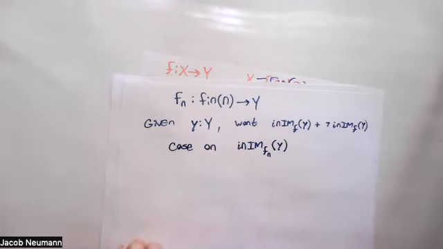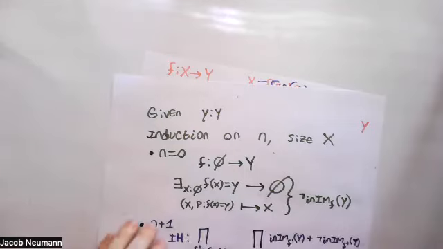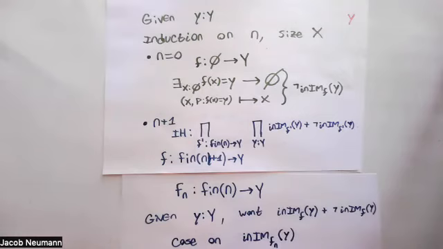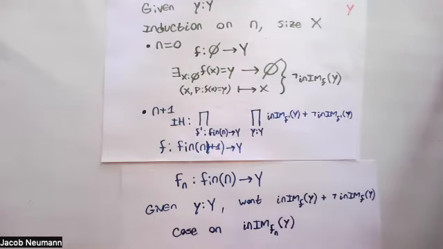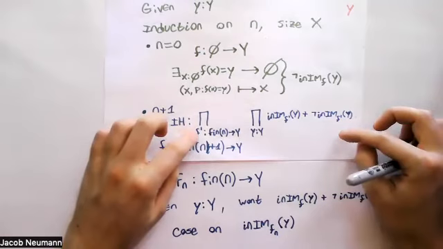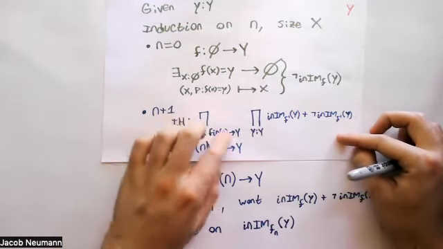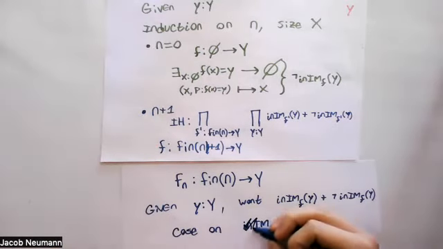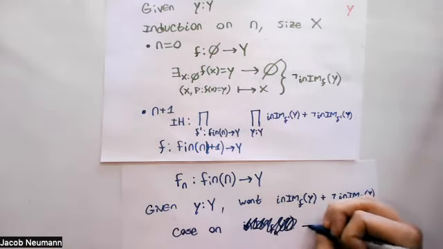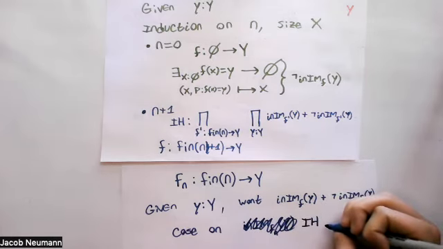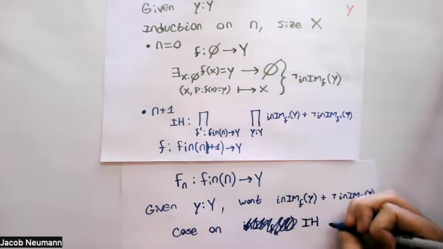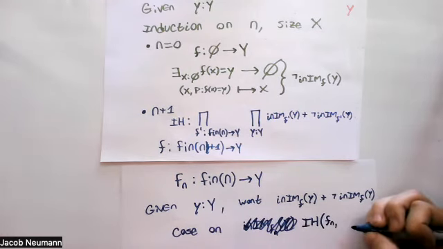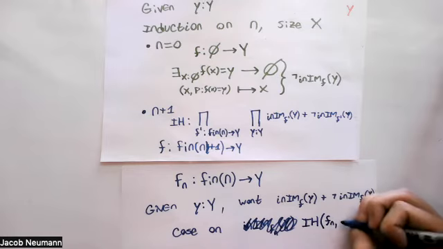Or rather, I'm going to use my inductive hypothesis. I can apply my inductive hypothesis to fn, so that'll be my n, and then y, so we can write this as IH, the inductive hypothesis applied at fn and y.